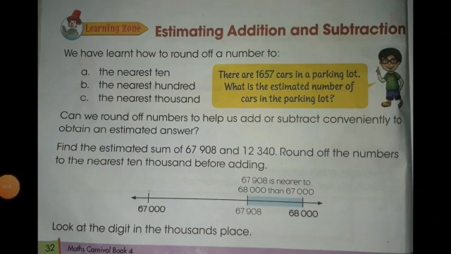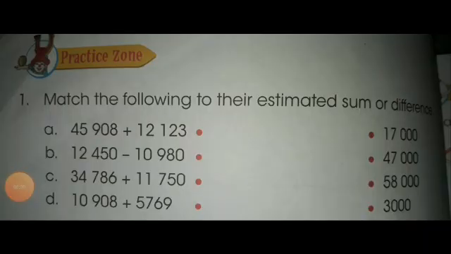Our next topic is estimating addition and subtraction. We have learned how to round off a number to the nearest 10, the nearest 100 and the nearest 1000 in the previous chapter. On page number 34, the practice zone is related to the topic rounding off the numbers, addition and subtraction.